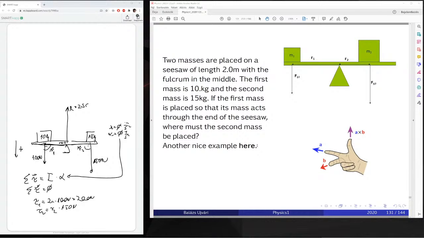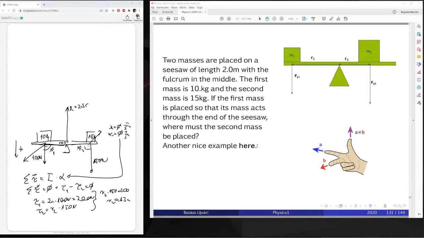So the left weight causes a torque towards you, so upwards, and the other is in the opposite direction. So tau 1 is plus, minus tau 2 has to be 0. That means R2 times 150 equal 200, R2 equal 1.3 meter.